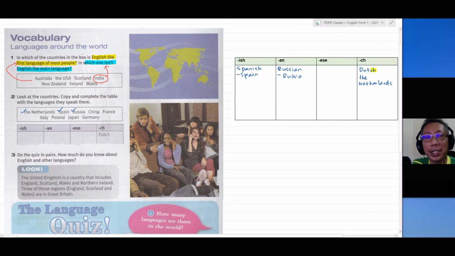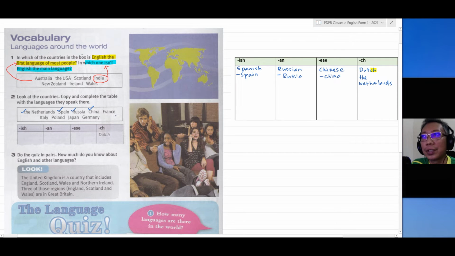Next, China. The language is Chinese. So fill inside the -ese column, Chinese, spoken by the people from China.